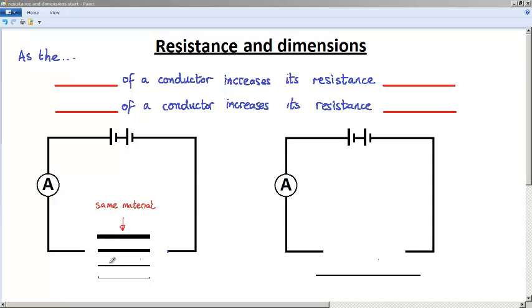What I've got here is a series of wires, each made from the same material and exactly the same length.